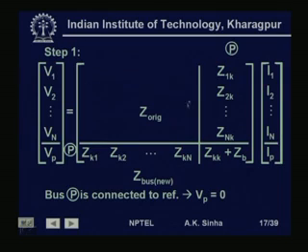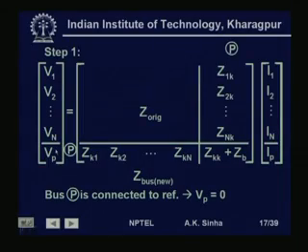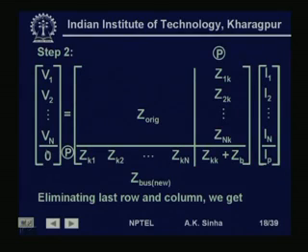So first part, which is the type 2 modification, is very simple. We have already seen how to do it. So step 1 is to build this n plus 1 into n plus 1 matrix. Now in the next step, we are connecting this Vp to the reference, so the voltage Vp becomes equal to 0. So this is what we do in step 2.